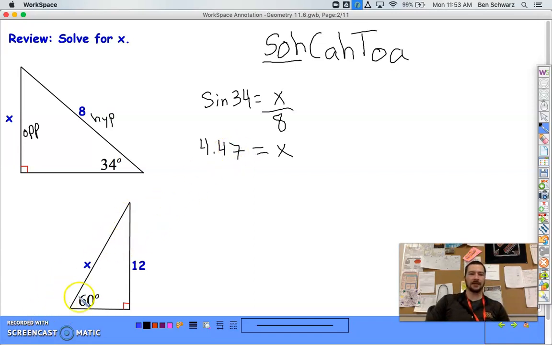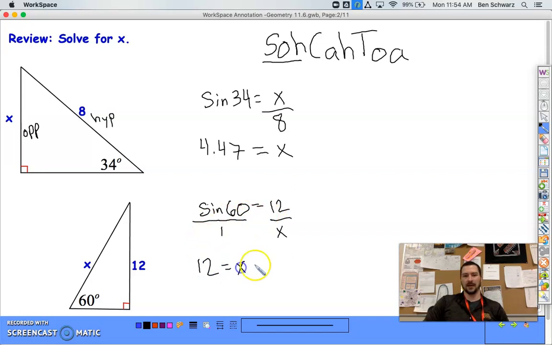Next one, so we have 60. Again, from 60 we have opposite and hypotenuse. So this one also is going to be sine. So this would be sine 60 equals the opposite 12 over hypotenuse x. So remember, when you have one like this, you're not going to be multiplying, because if you make it a proportion and do cross product, you would get 12 equals x times sine of 60.